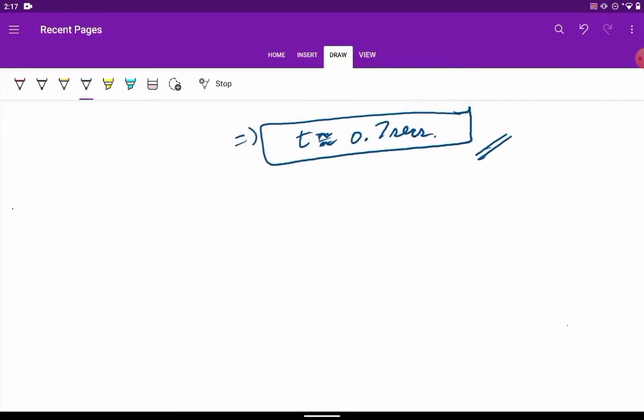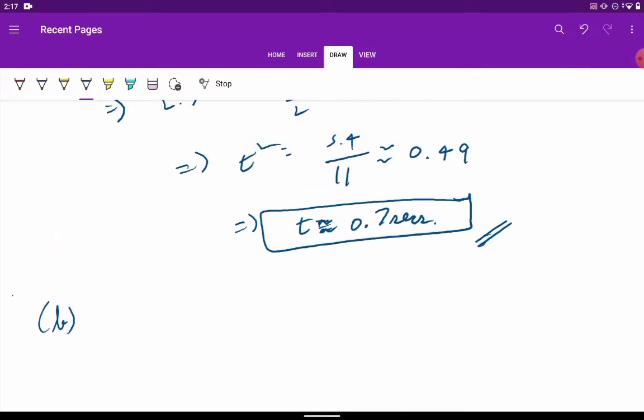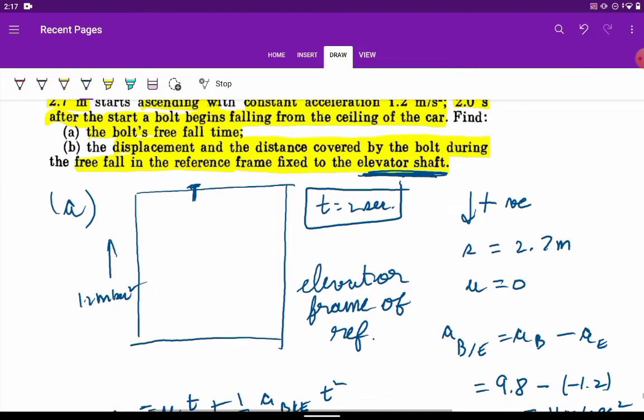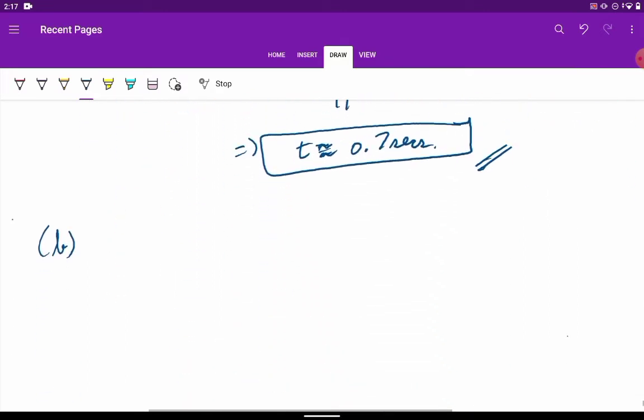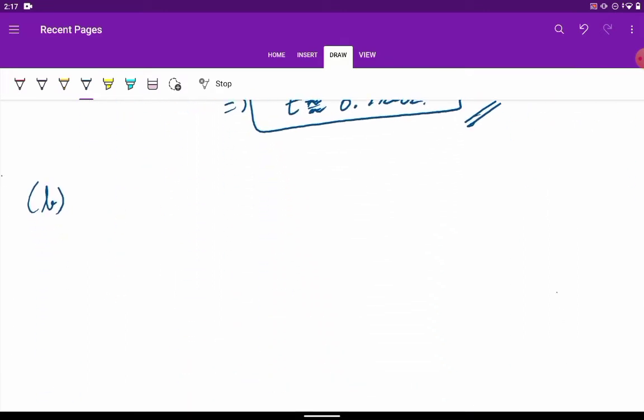So let's find out displacement first. Displacement with respect to ground frame of reference.